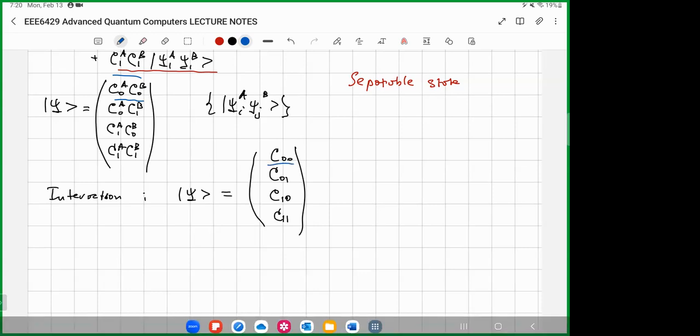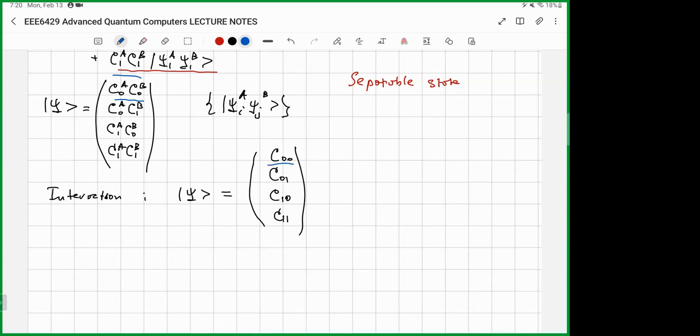There I write these coefficients as one single element. Why? Because the state of one depends on the state of the other, right? You cannot separate them.